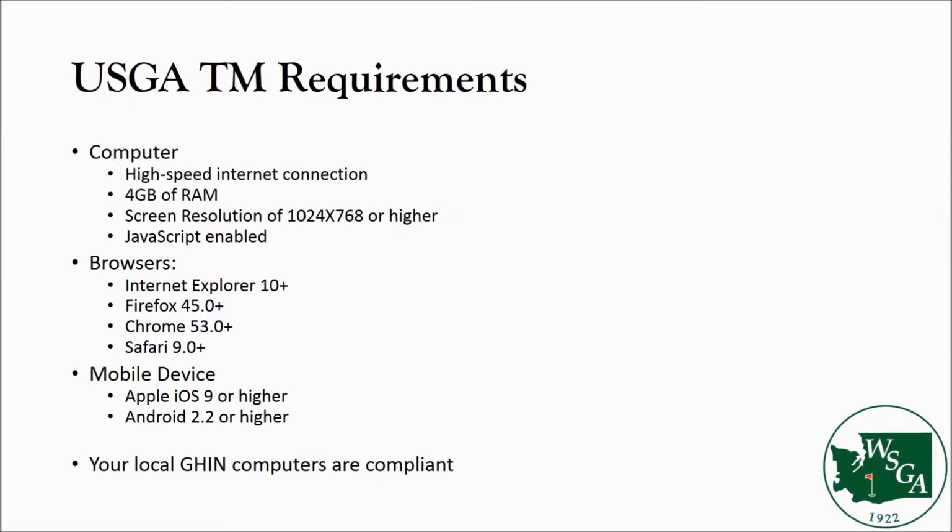And on your computer, as long as you've got a standard computer with at least 4 GB of RAM, which most do, you should not have any issues. Also, the GIN computers at your clubs are all compliant. So if you wanted to use the new USGA TM product on the handicap computer, you are more than welcome to do it, and it should have no issues handling it.